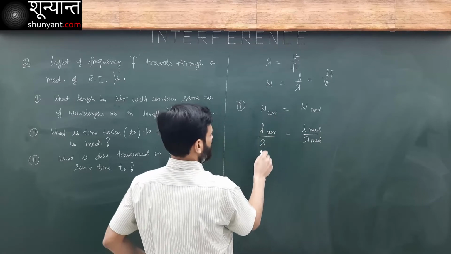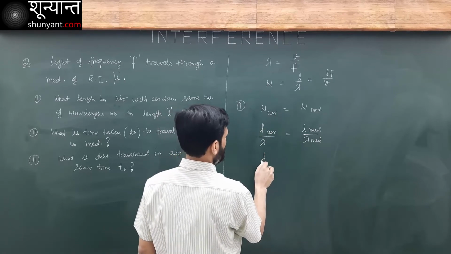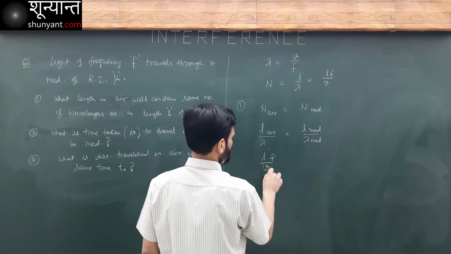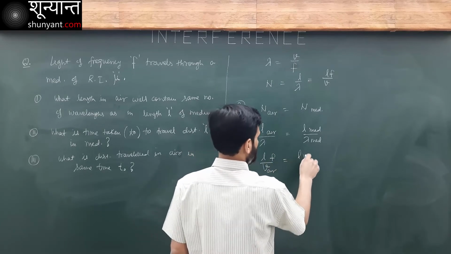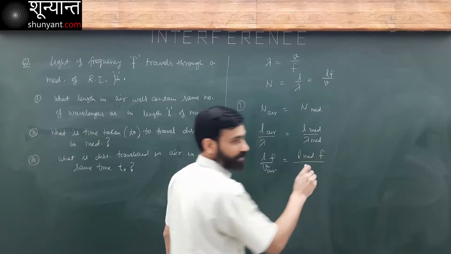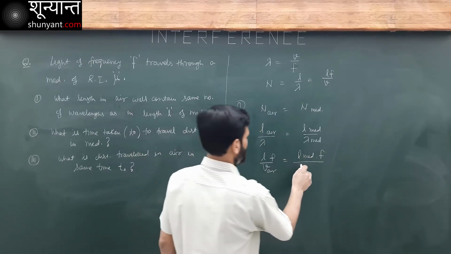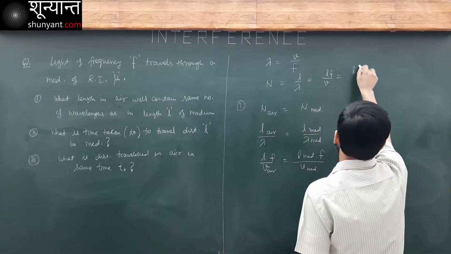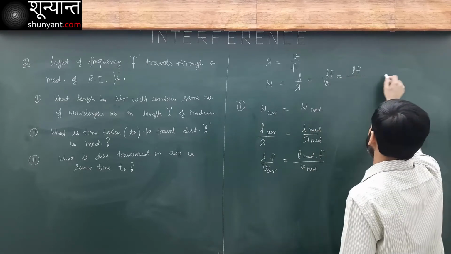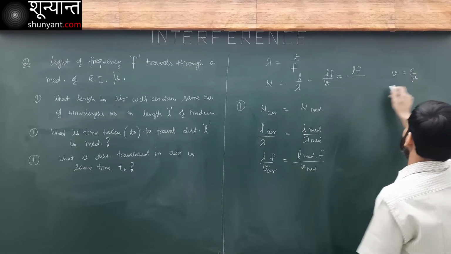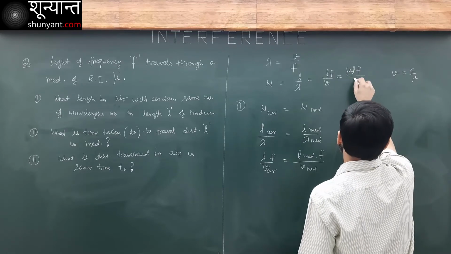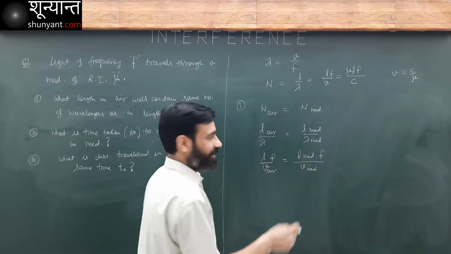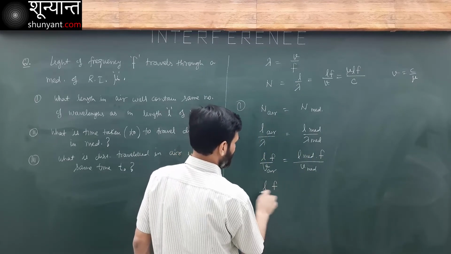This will be equal to L in air times F over V in air, equal to L medium times F over V in medium. Frequency remains constant. V is equal to C over mu, so this becomes mu L F over C. See how we are solving this.